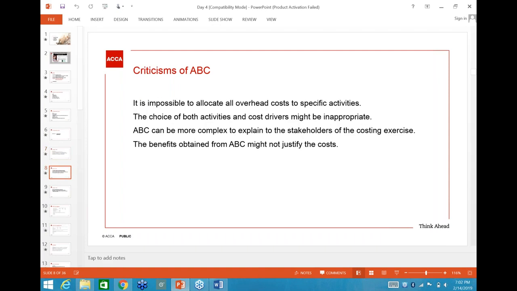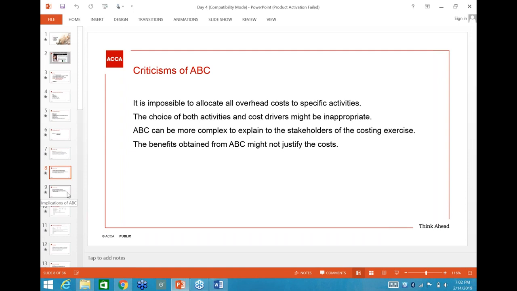There are some negatives as well. It is impossible to allocate all overhead costs to specific activities. The choice of both activities and cost drivers might be inappropriate. ABC can be more complex to explain to the stakeholders of the costing exercise. The benefits obtained from ABC might not justify the cost.